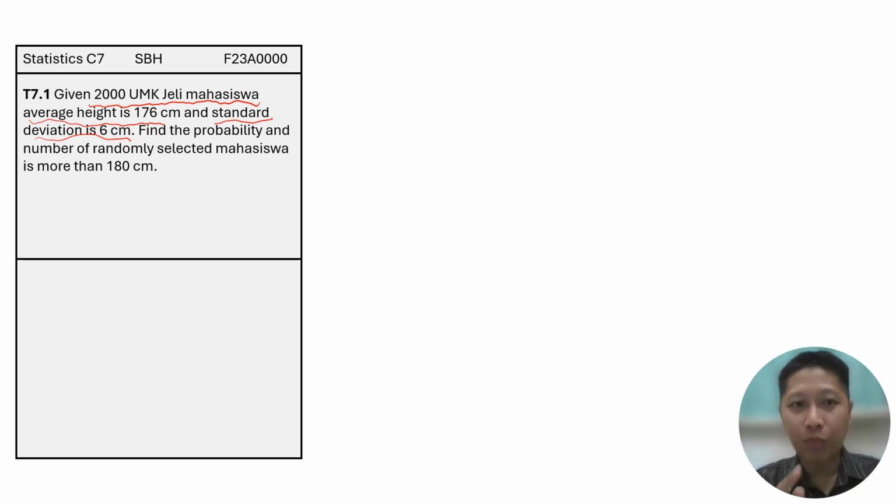Now find the probability and number of randomly selected students, one student, taller than 180 cm. What would be the probability? And how many students are 180 cm or above?